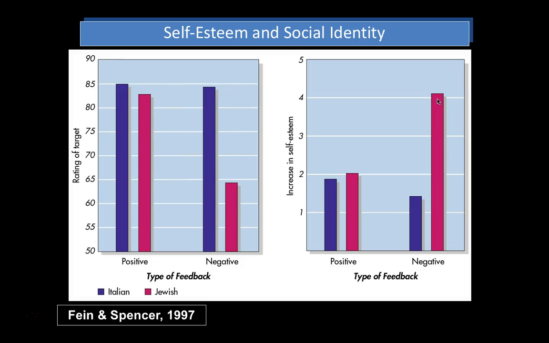We obviously see a lot of this in the everyday world. When people are under threat, there's more discrimination, more racism, more ethnocentrism, more bigotry, and so on. So social identity theory is one way to understand that role of threat.